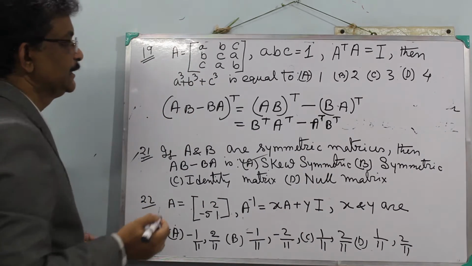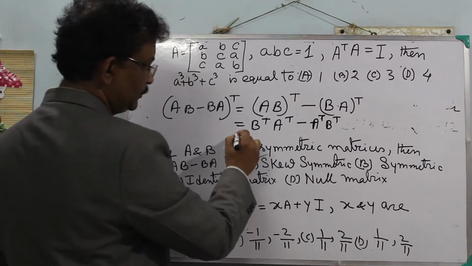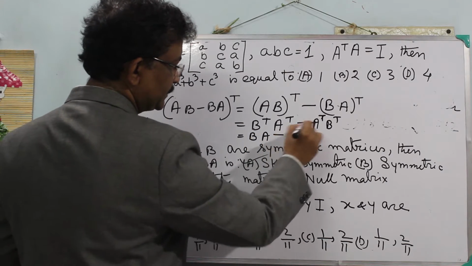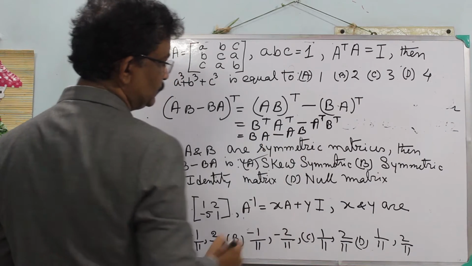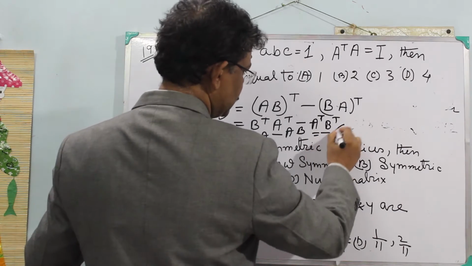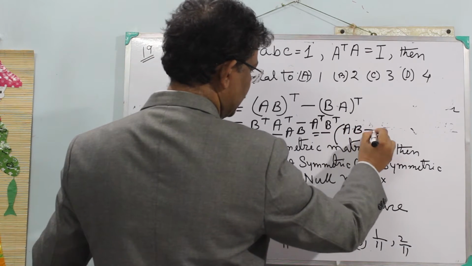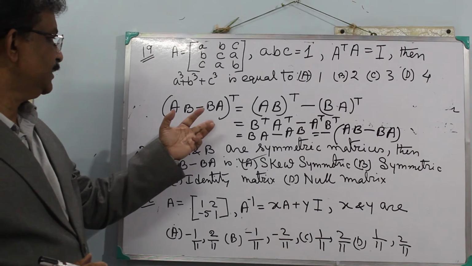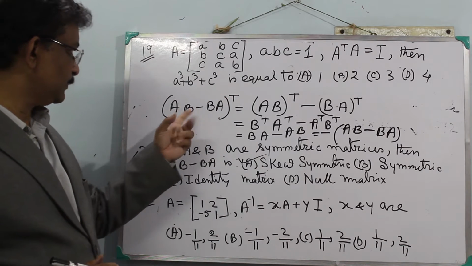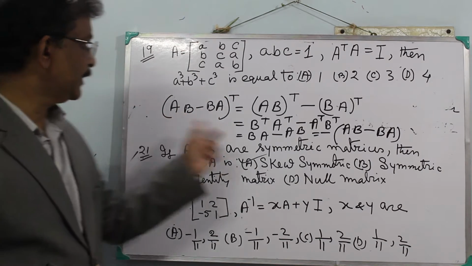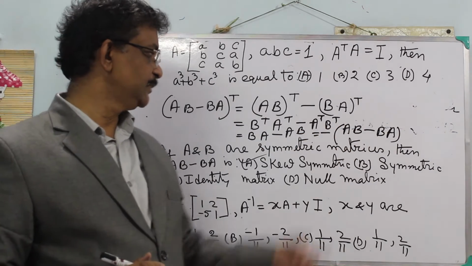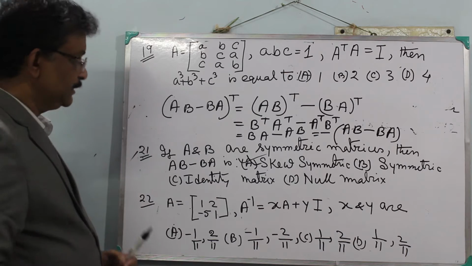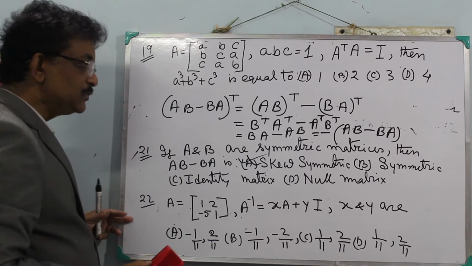Since they are symmetric, B transpose means B, A transpose means A, so BA minus AB. If I take minus common, it is minus (AB minus BA). So the transpose of the AB minus BA matrix is equal to minus (AB minus BA), then it is skew symmetric. So answer is A. AB minus BA is skew symmetric.